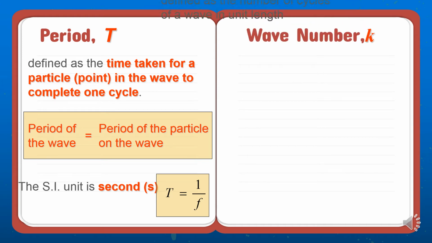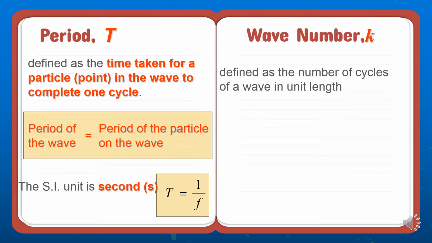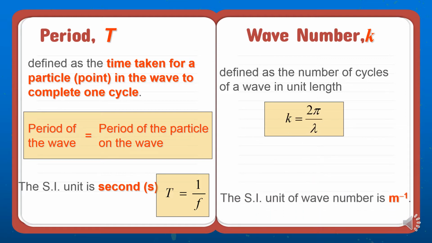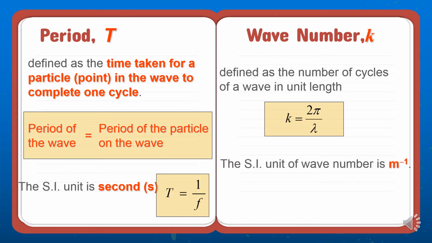Wave number is defined as the number of cycles of a wave in unit length. The formula for wave number is k equals 2 pi over lambda, where lambda is the wavelength. The SI unit of wave number is meter to the power of -1.